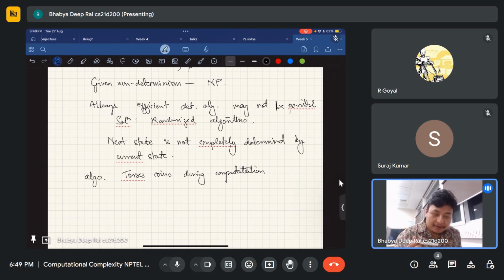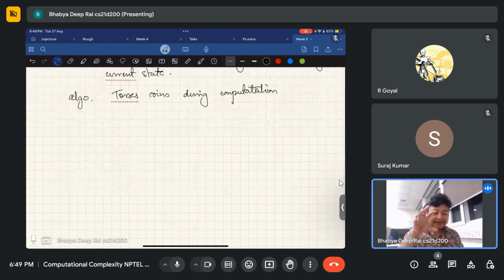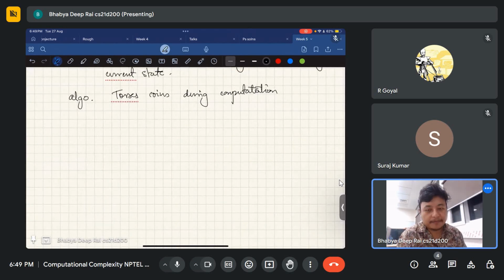Surprisingly, we know of problems which can be efficiently solved by randomized algorithms, but it is not known whether we can solve them efficiently using deterministic algorithms. Now, we want to see it from a complexity theory viewpoint, so we want to define classes and so on.